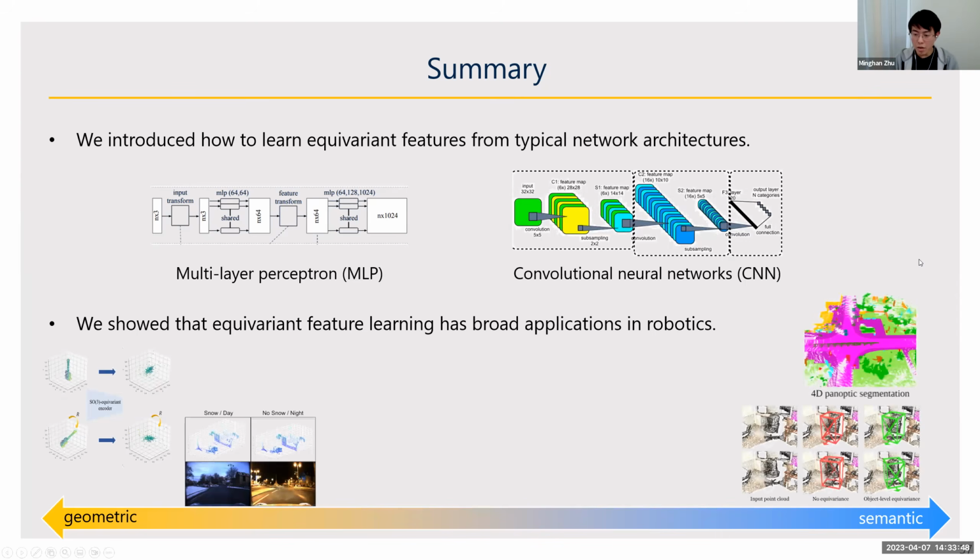It can also enable us to, for example, do better object detection and better panoptic segmentation. It means that although equivariance is a geometric idea, because we can separate the geometric variations, the pose change variations, out from the learning, it also benefits the semantic feature learning for a neural network. Therefore, it can benefit both geometric tasks and semantic tasks.